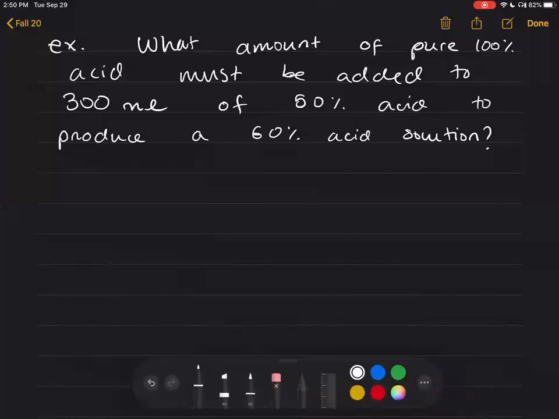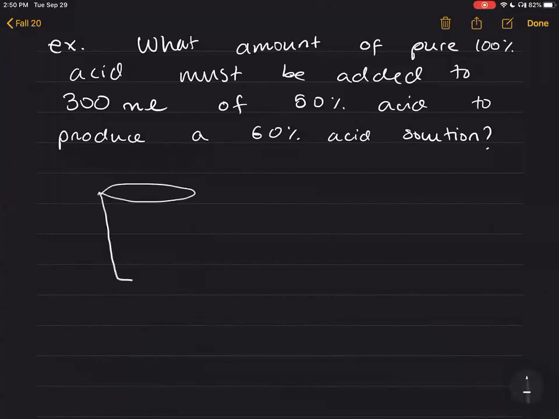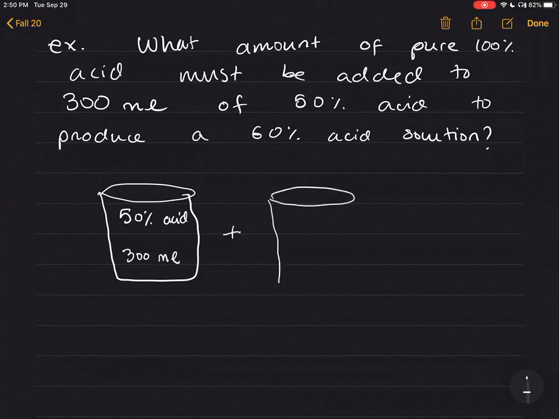So in this problem setup, we have this vat here. This one is 50% acid. And we know that there is 300 milliliters. And we want to mix it with some 100% acid.